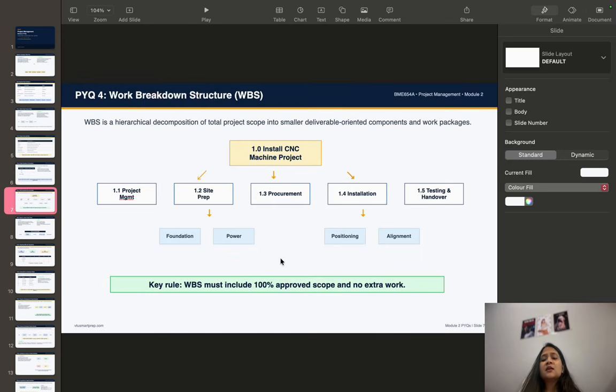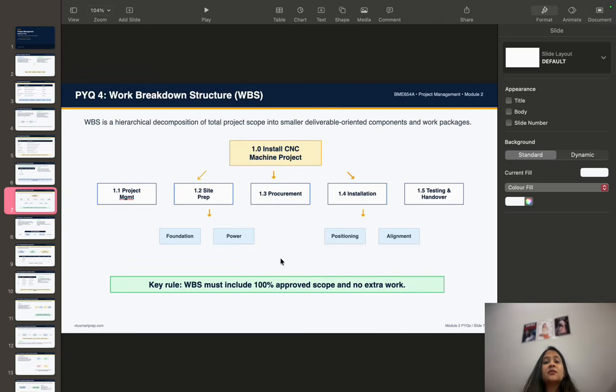For example, consider a CNC machine installation project. At level 1 we have the complete project, the machine installation. At level 2 it is divided into project management, site management, procurement, installation, testing, and handover. Then each part can be further divided.